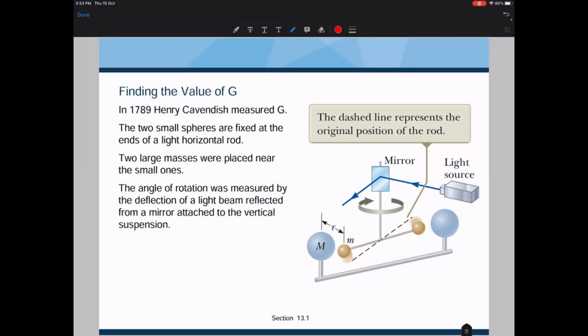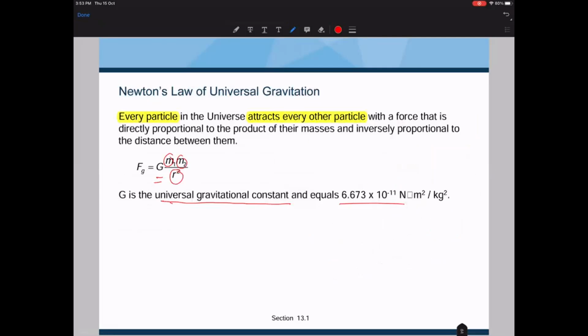Now, one of the students asked a very good question: how is the distance R measured, between the centers of mass? We are so far talking about particles. Particles, by definition, have zero size.